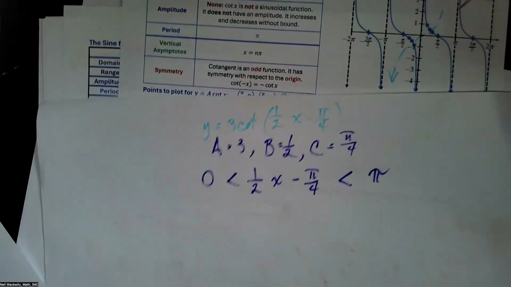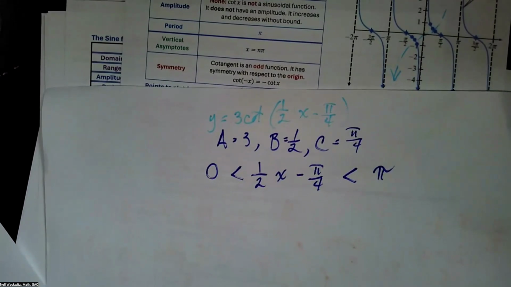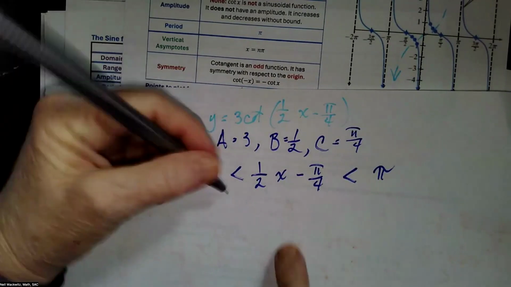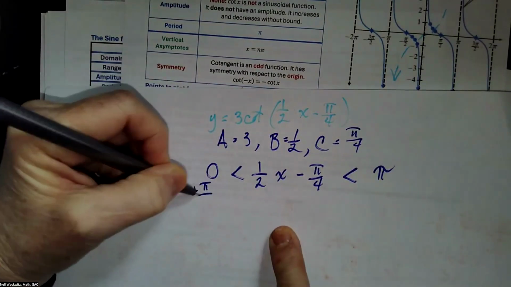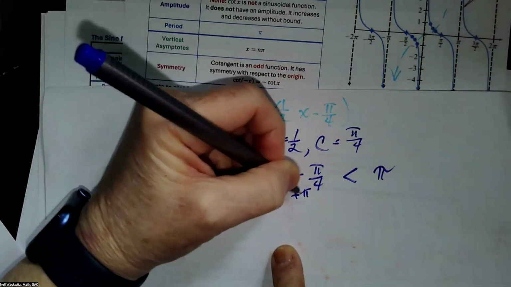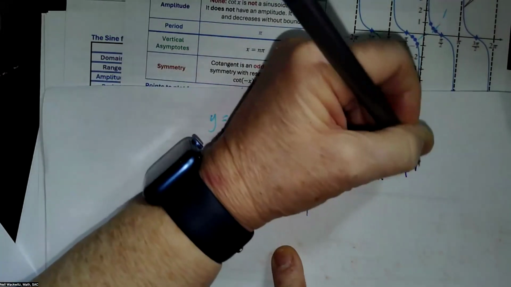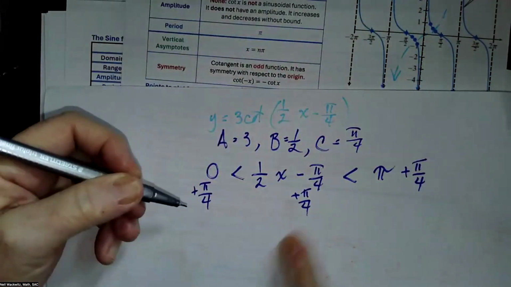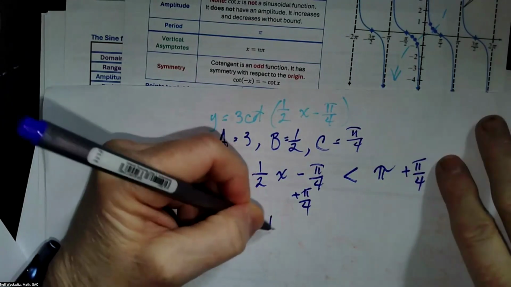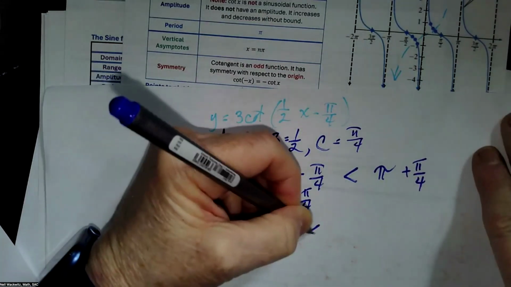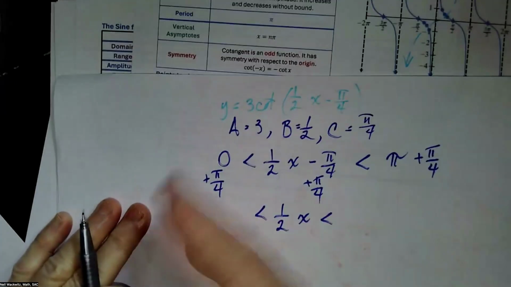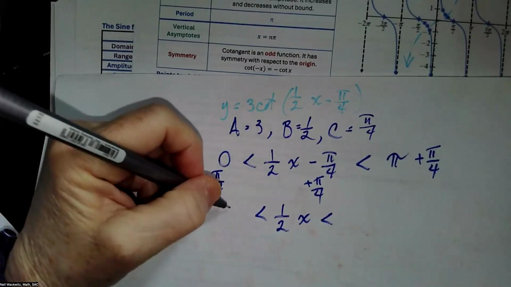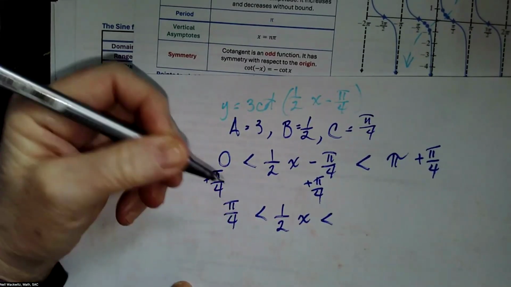And what should we do first if we're trying to solve for x? Add pi over 4. Good. So we have 1/2 x in the middle. 0 plus pi over 4 is just pi over 4.